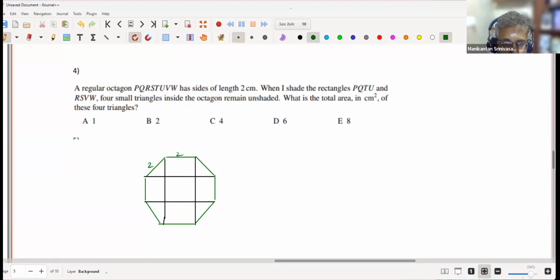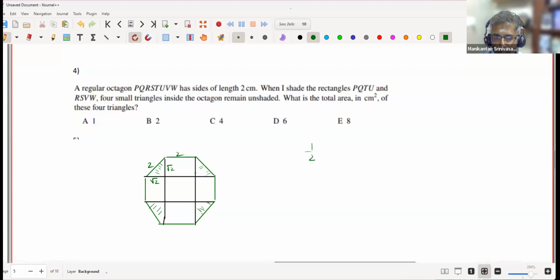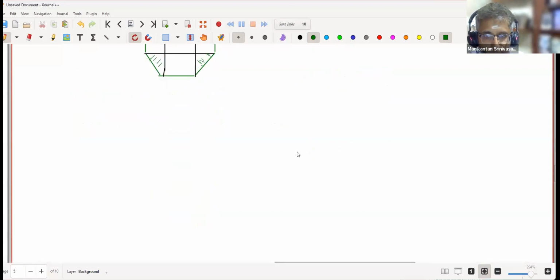So 2, 2, and then he wants the sum of these 4 areas. Each of these triangles is a 45, 45, 90. Therefore, by the 1:1:root 2 logic, this will be root 2, and 2. Therefore, the area of each triangle is half into root 2 into root 2, and there are 4 of them. So it's indeed 4. Okay, good. That was question 4.